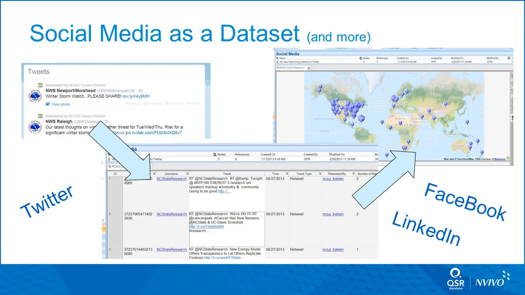If I'm working with social media, and in particular Twitter, LinkedIn, and Facebook, not only can I capture it as a PDF, but I also have the ability to ask it to capture as a data set.